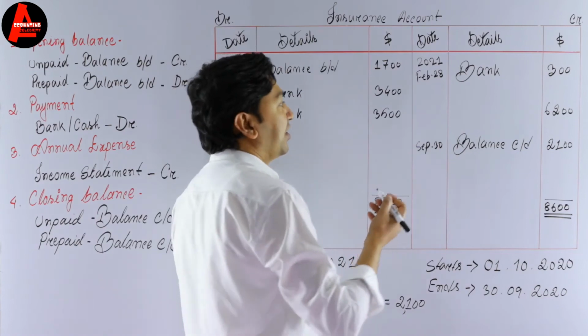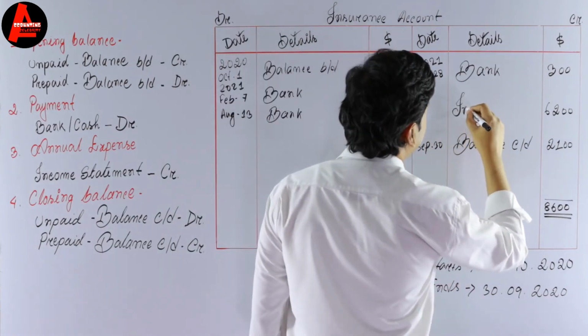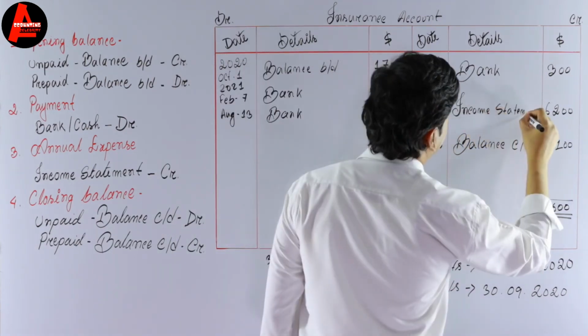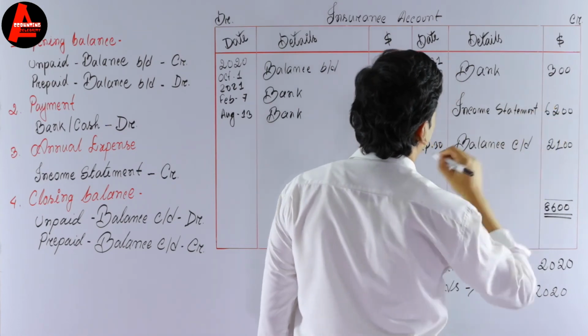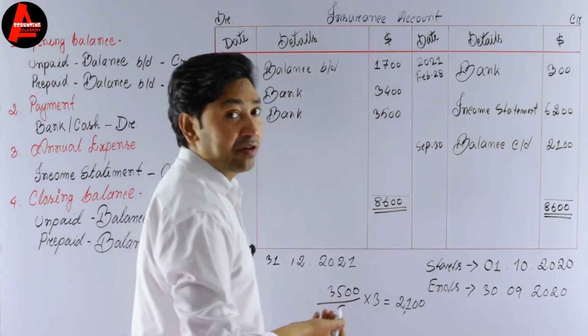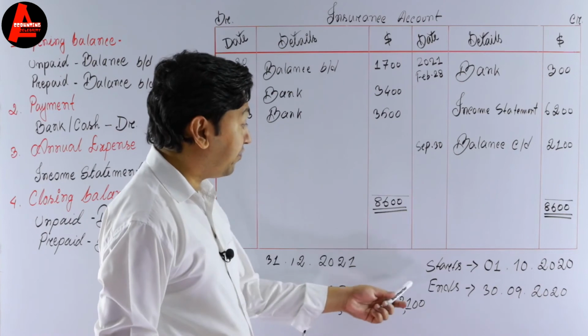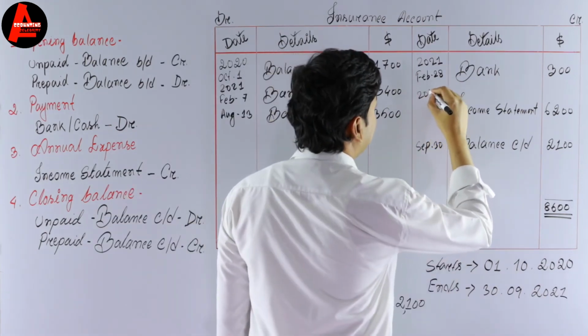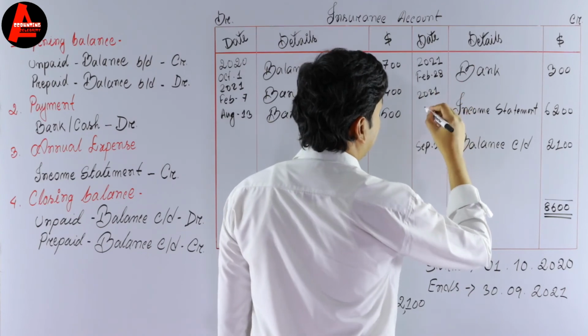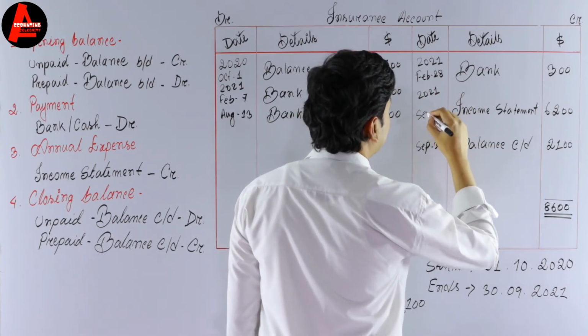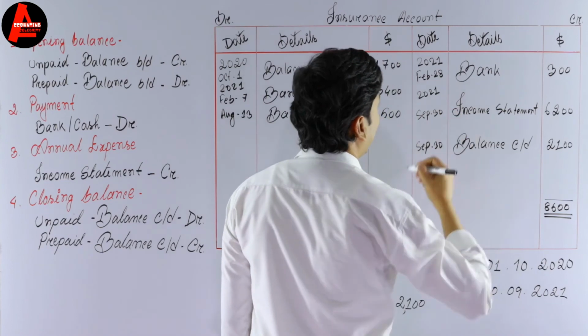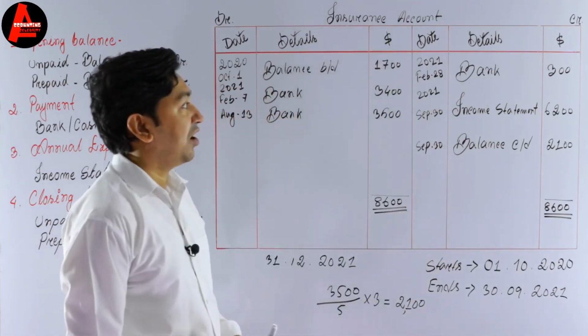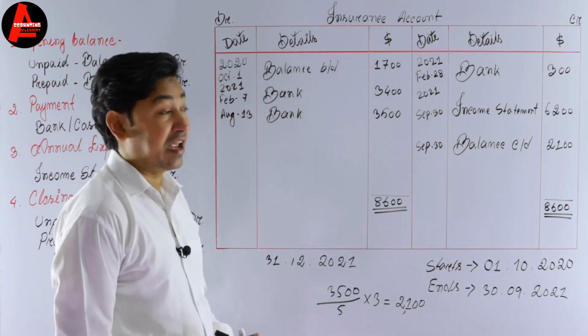So here we will write income statement. The date for the income statement will be the last day of the financial period. Let us write the date first: 2021, September 30. This is how you need to calculate the income statement.